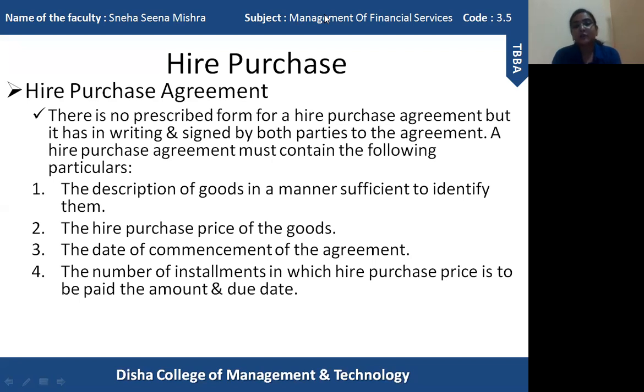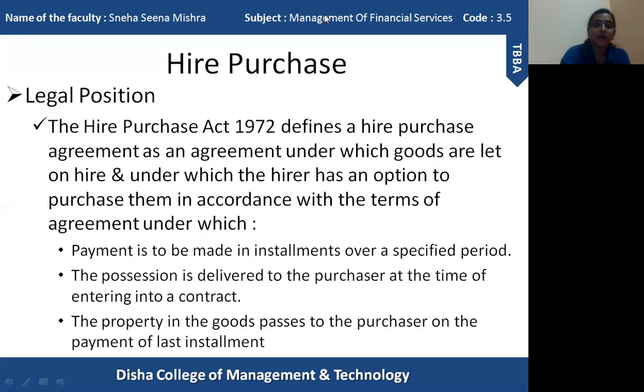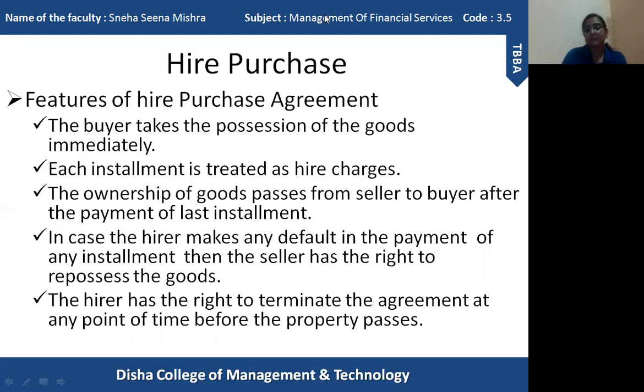So these are the 4 important elements which must be mentioned in the hire purchase agreement, or else that agreement cannot be considered a hire purchase agreement. Clear? So this is all about hire purchase: the features, legal position, and the agreement.